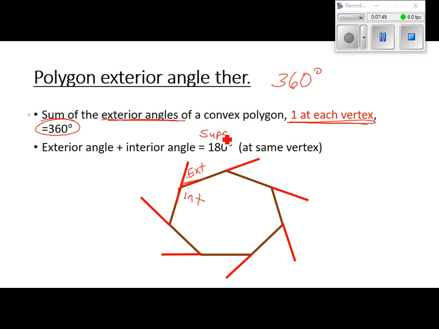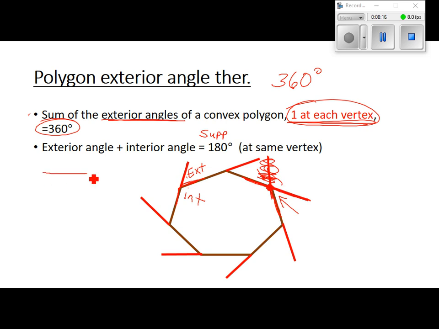And the reason it says one at each vertex is because if that's my exterior angle there, I could draw another exterior angle that goes right there, but it's at the same vertex. And you'll notice this exterior angle and this exterior angle are actually vertical angles, and they're the same thing. So we don't want two of them at that one vertex. We only want one at each vertex.